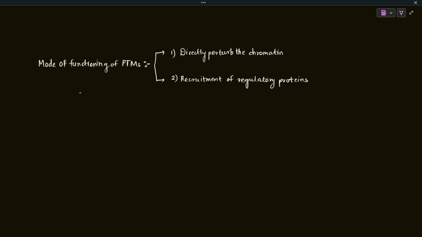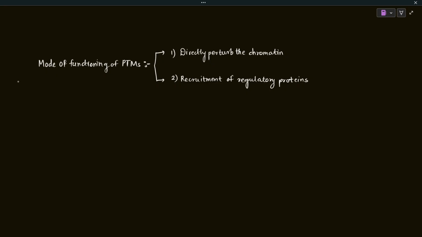Those histone marks decide which kind of regulatory protein is going to be recruited on that chromatin, and depending on that regulatory protein, the gene will either be silenced or activated. So this is how they work. Either they can directly perturb the chromatin, or they can recruit certain regulatory proteins. So these are the two modes of functioning.